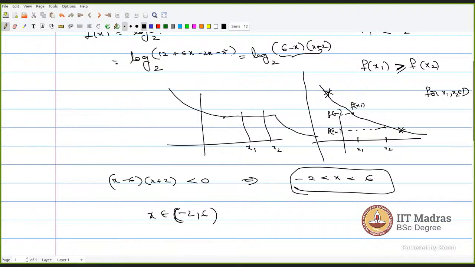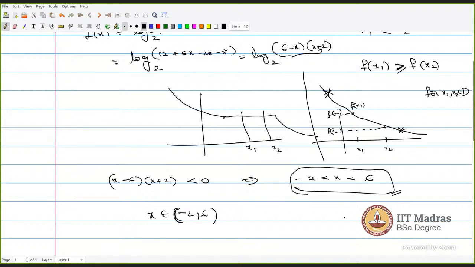So is something wrong here then? Have you plotted this function in Desmos? Yes, sir. In which interval is this function coming? Minus 2 to 6. So this is right, minus 2 to 6.